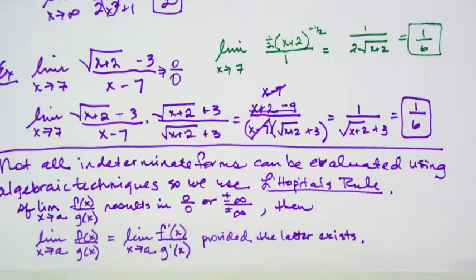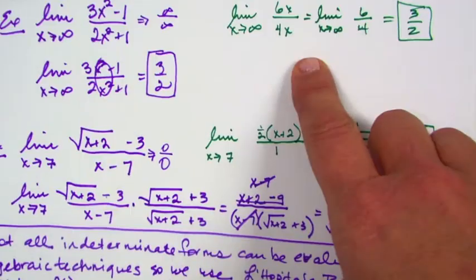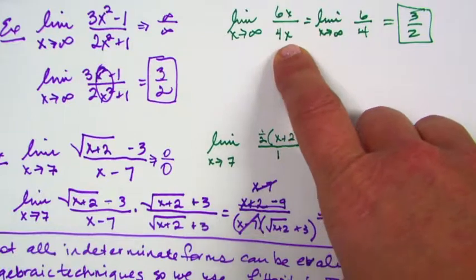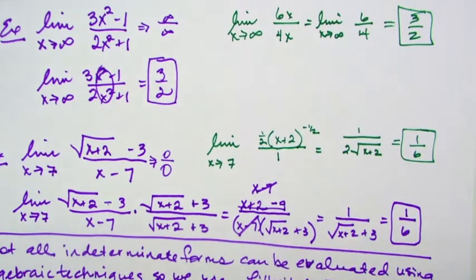The question then becomes, okay, but how fast are they approaching infinity? Because if I can figure out the rate at which they're approaching 0 or infinity, then that gives me more information. So when I take the derivative of this one, and I get 6x over 4x, well, now I'm back to infinity over infinity again, right?